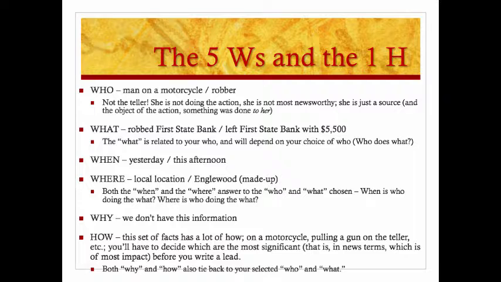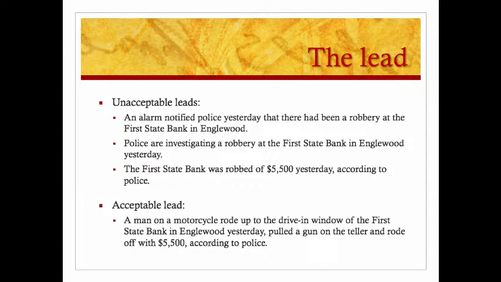And then we don't know why there was a robbery, but we know a lot of information about how the robbery happened. So some ways to write the lead would be to emphasize: a man on a motorcycle rode up to the drive-in window of the First State Bank in Englewood yesterday, pulled a gun on the teller, and rode off with $5,500, according to police.